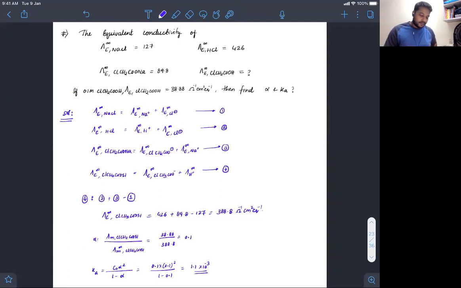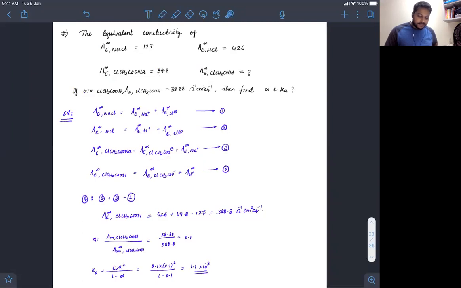Yeah, okay, listen. So the information given is this: equivalent conductances are given. We need to calculate the equivalent conductance of this weak acid. So using this strong salts information, we can get that. First I have written NaCl as Na plus plus Cl minus equivalent conductance, HCl as H plus plus Cl minus, and this salt as CH2CO minus and Na plus.